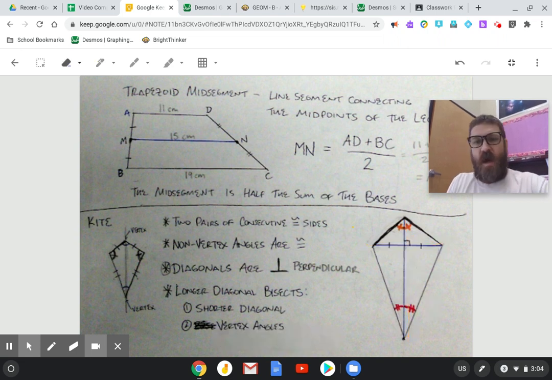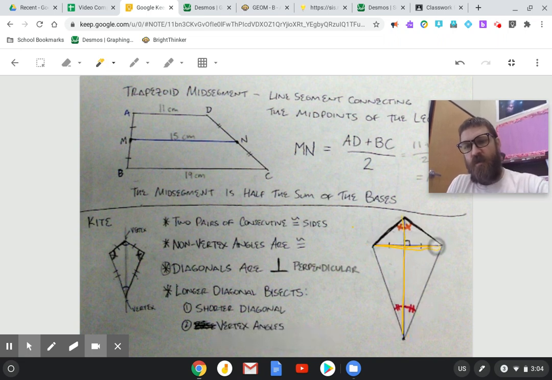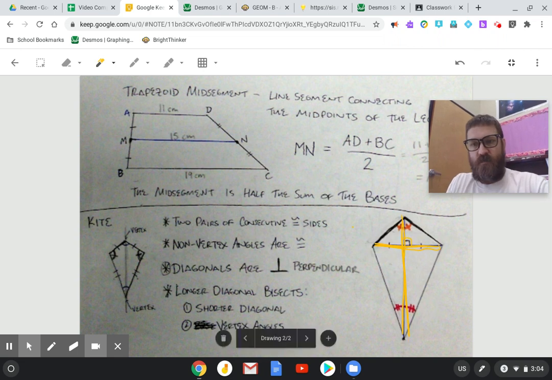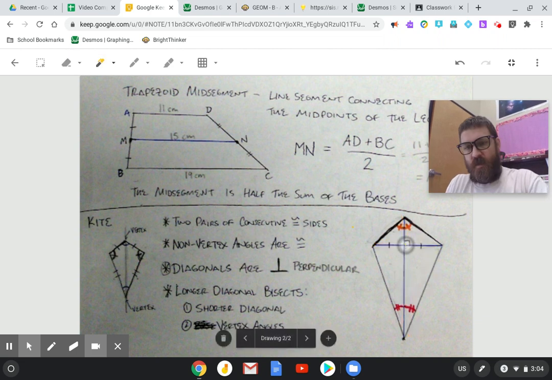If you've ever made a kite like this, you know that one of the things you do is you put two sticks together in a perpendicular shape in order to provide the best support for this kite shape, which is the concept here. These lines are perpendicular to each other, as indicated by this little box right here. Remember, perpendicular means they form a 90-degree angle.